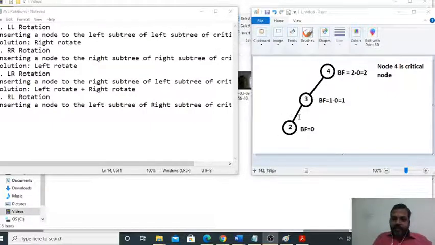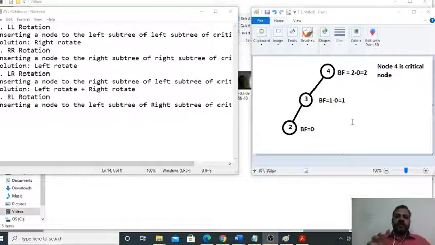Where is the 2 added? To the left branch of 4, and in that left branch, again to the left branch of 3. So it is a purely left skewed tree. Taking it from 4, the imbalance occurred because of the addition of a new node to the left subtree of the critical node. So this is the meaning.